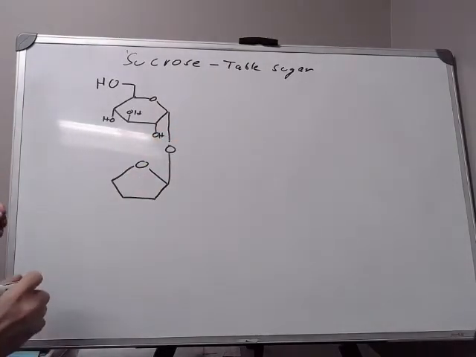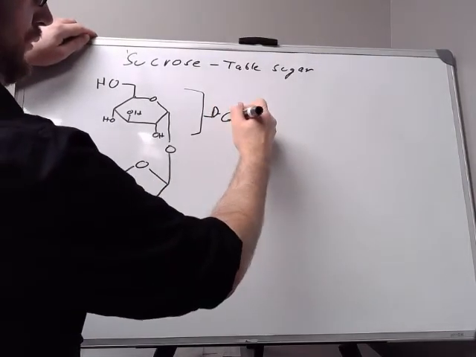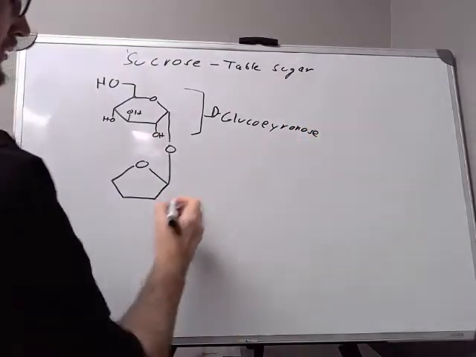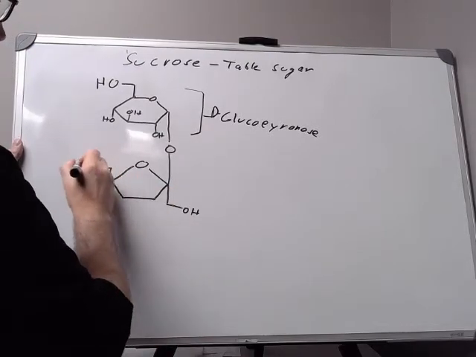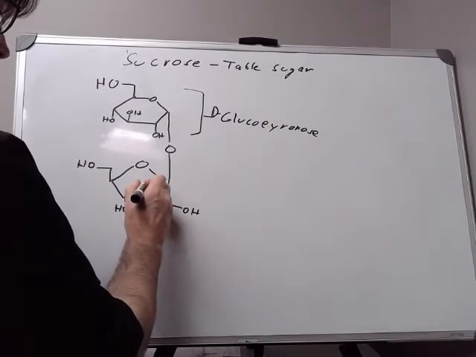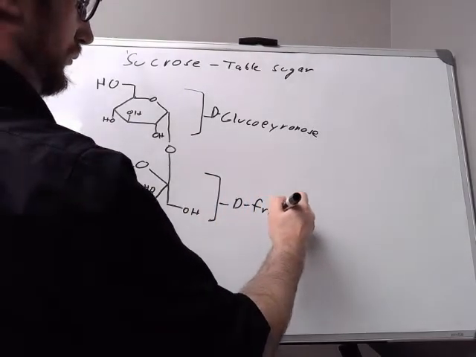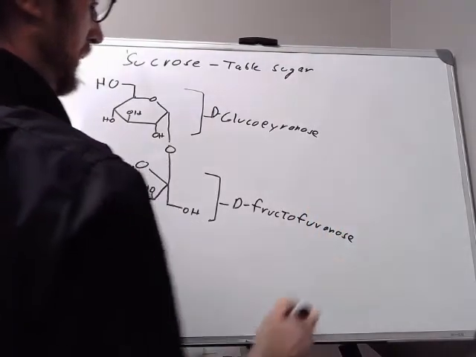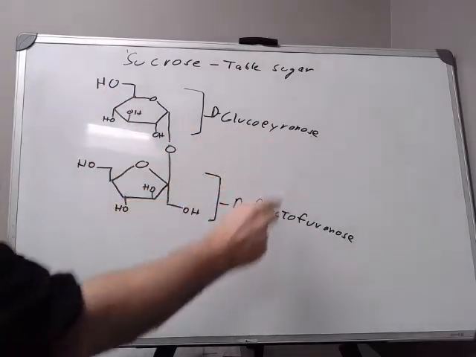And so this is the glucose, the D-glucopyranose, this bottom one will be D-fructofuranose, because it's a 5-membered ring, whereas the glucose is a 6-membered ring. So it's pyranose versus furanose.